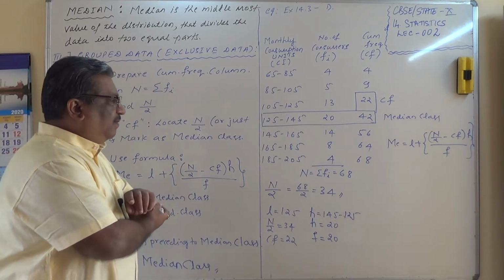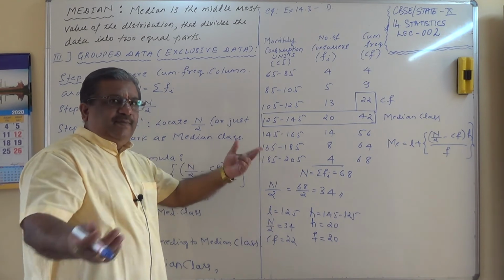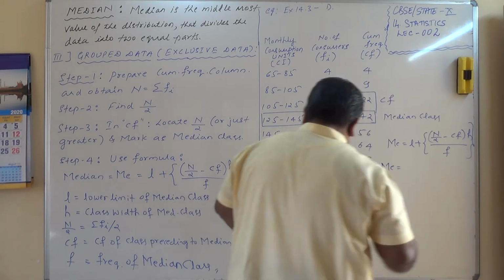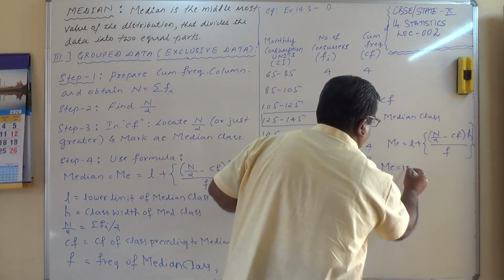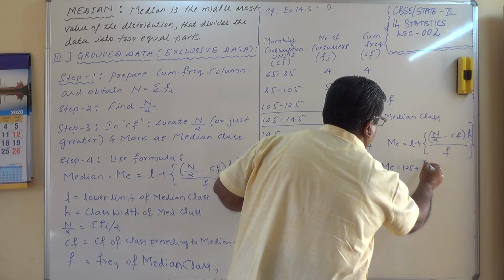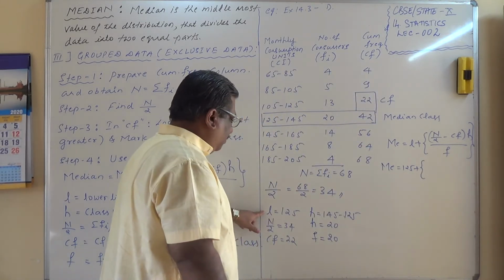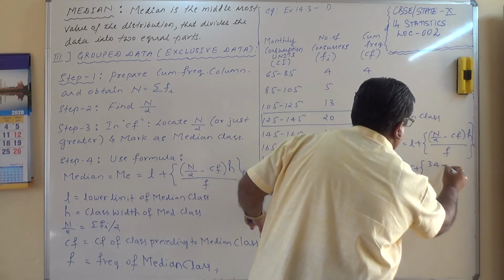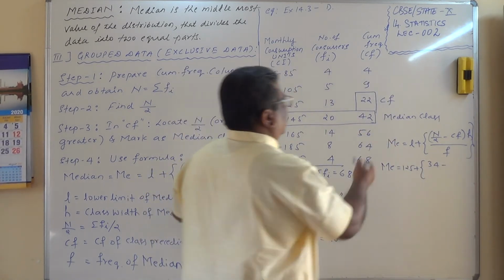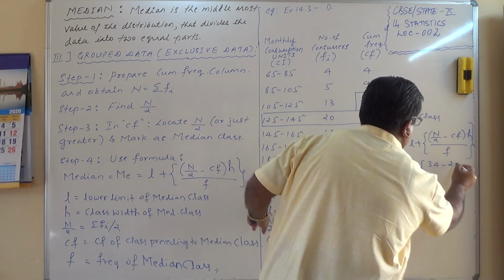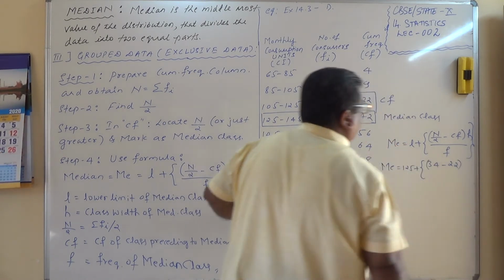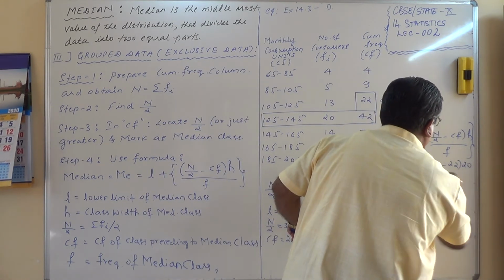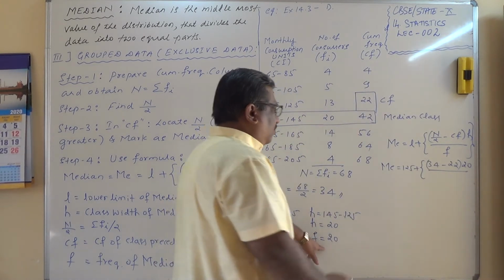So all the information is available. Simply substitute these values, get the median. That is the answer. So median is equal to L, 125, plus into bracket n by 2, 34, minus CF, 22, into H, 20, the whole divided by frequency, also 20.